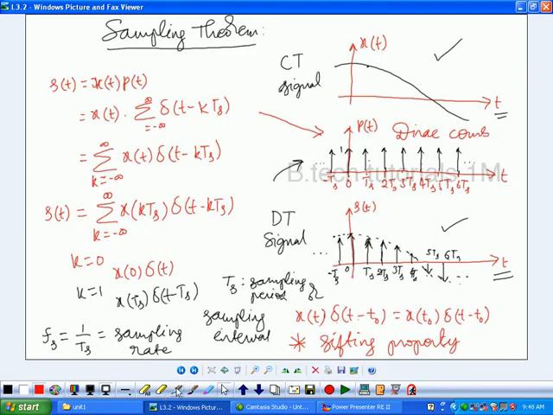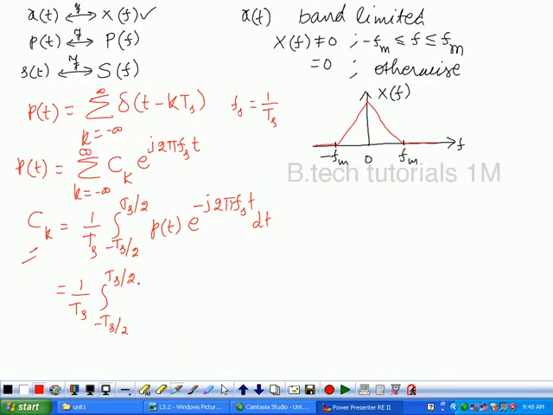So therefore, can I replace this p of t as delta of t from minus Ts by 2 to plus Ts by 2, p of t equivalent to delta. So this is e power minus j2 pi fs t dt.